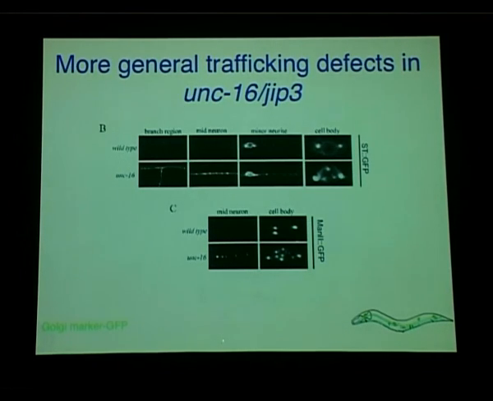So clearly, the burden of evidence, putting resident Golgi enzymes into the axon, putting dendritic proteins into the axons, putting axonal proteins both in aberrant carriers but also into the dendrite, suggested that there were widespread trafficking defects in this mutant. And this was the basis of suppression of the kinesin 3 mutant.